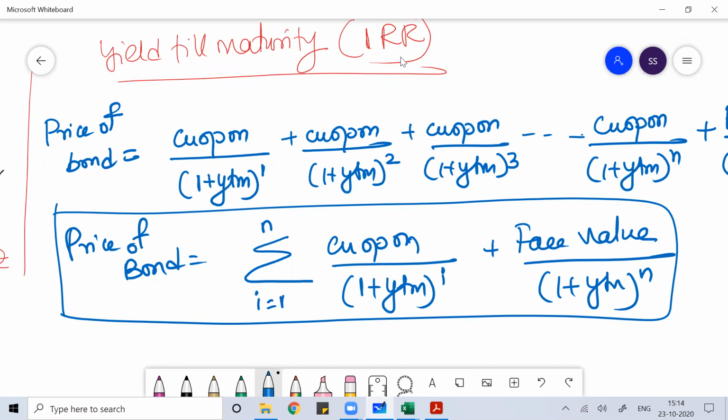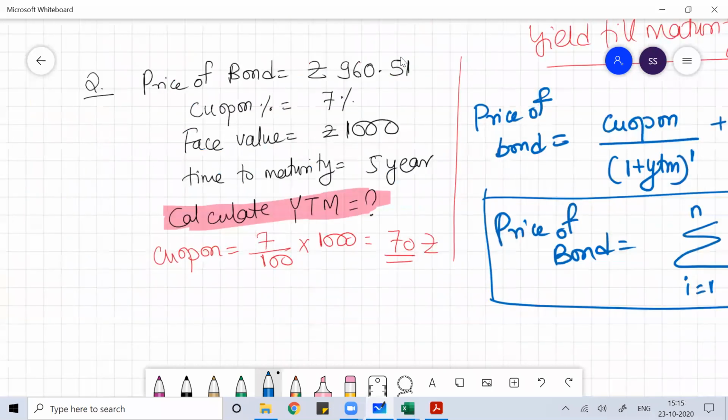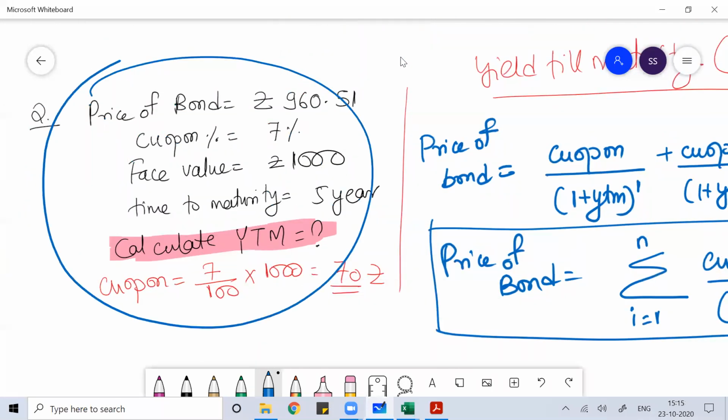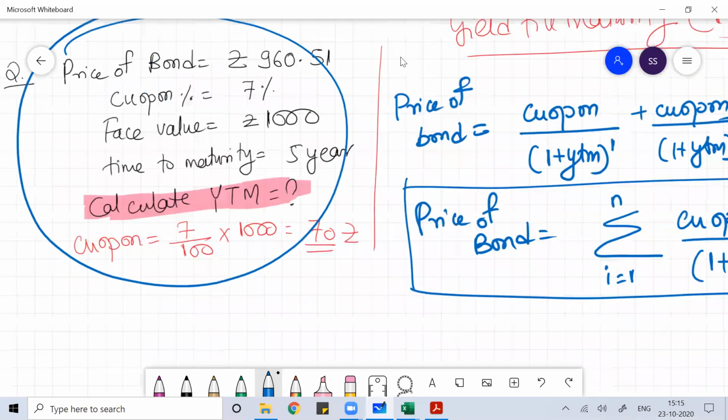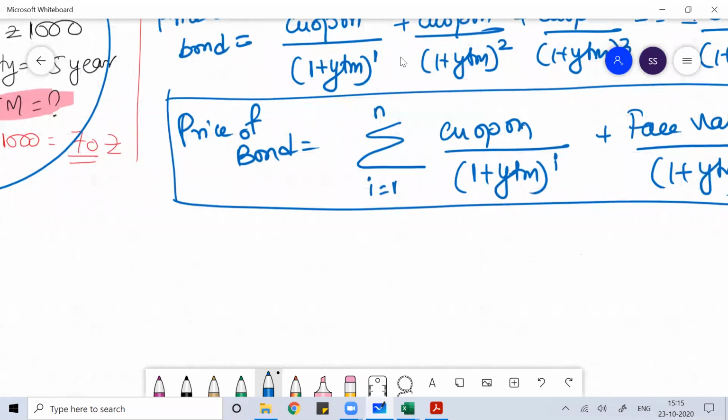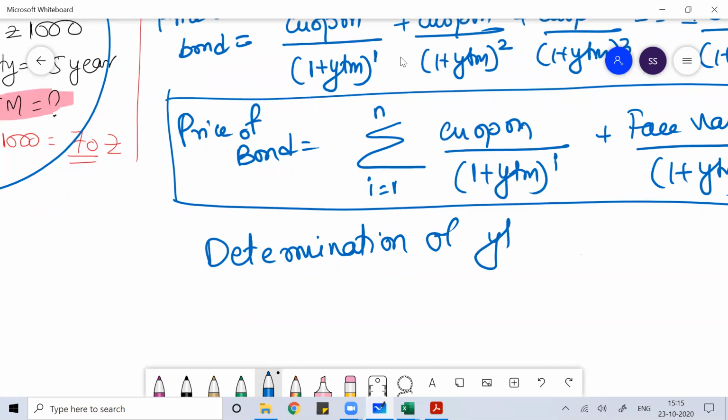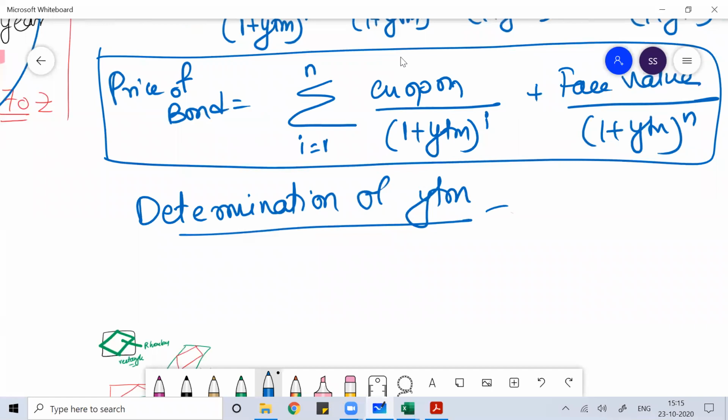Now, determining YTM. If I ask you to determine the value of YTM till maturity, there is only one way. YTM can only be determined through the trial and error method.